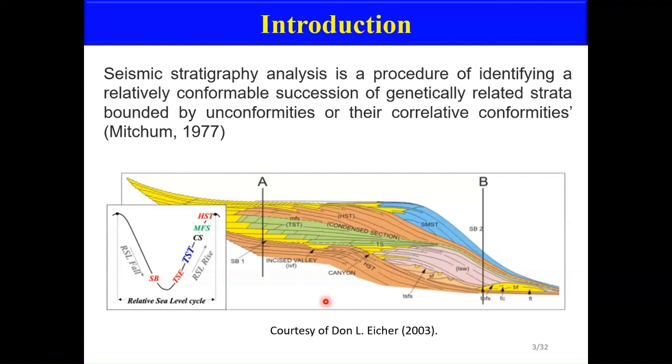The procedure of seismic sequence analysis is mainly identifying the unconformities and the corresponding correlative conformities. By identifying unconformities and correlative conformities, we can define the systems tracts. From the systems tracts analysis, we can find where we have a reservoir, where we have a source rock, and then propose the locations for well drilling.